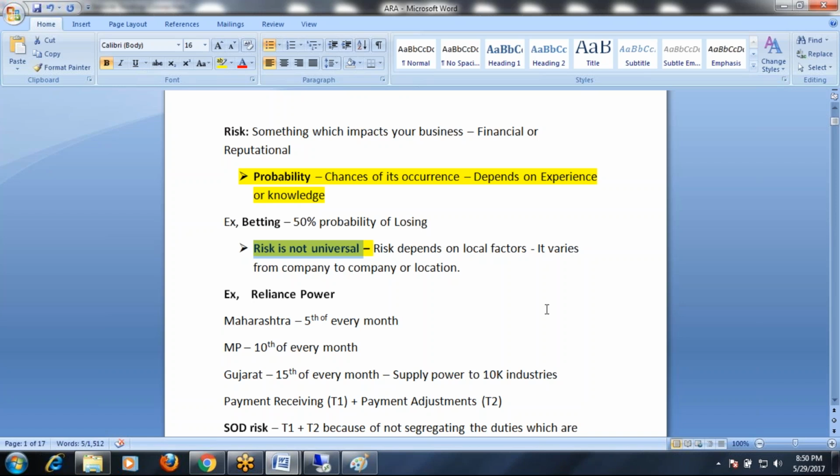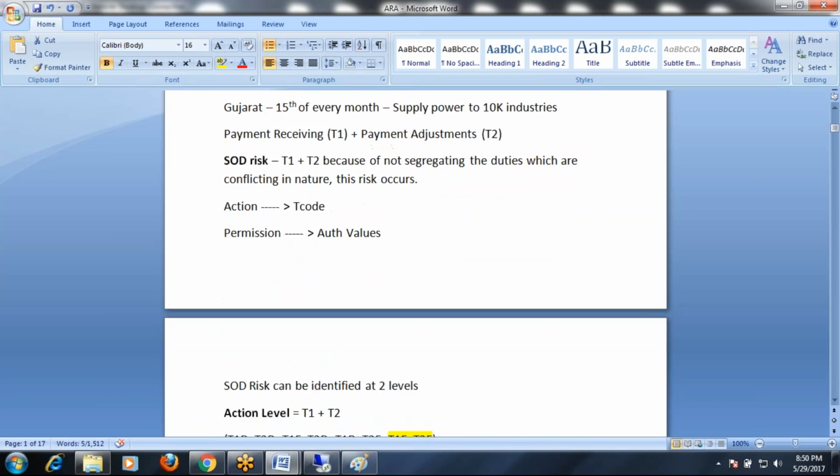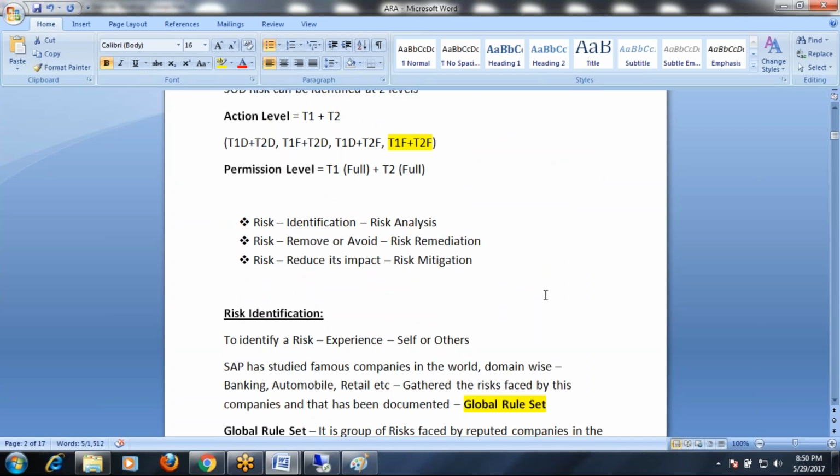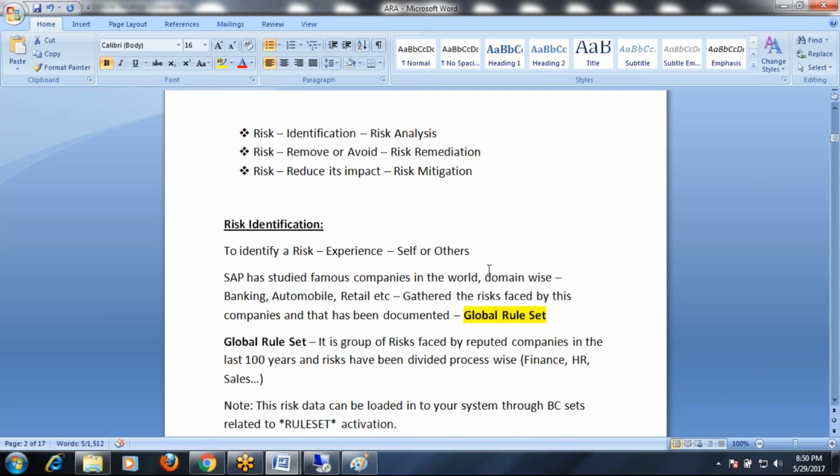Right. So moving ahead. In this concept area, we deal with these 3 concepts. Risk identification. Once risk is identified, we'll try to remove or avoid the risk.